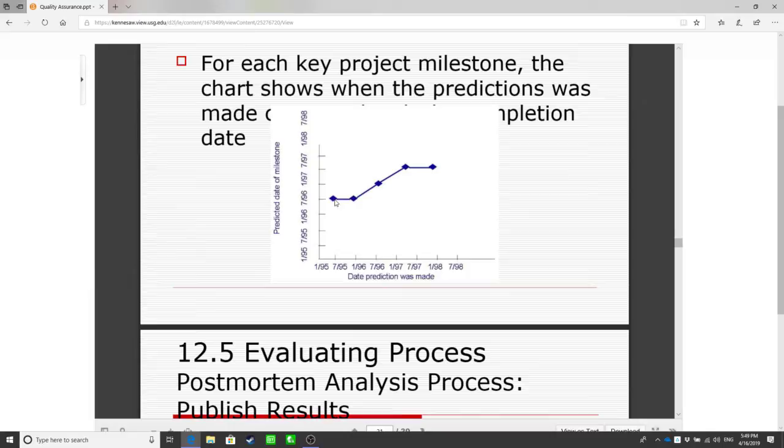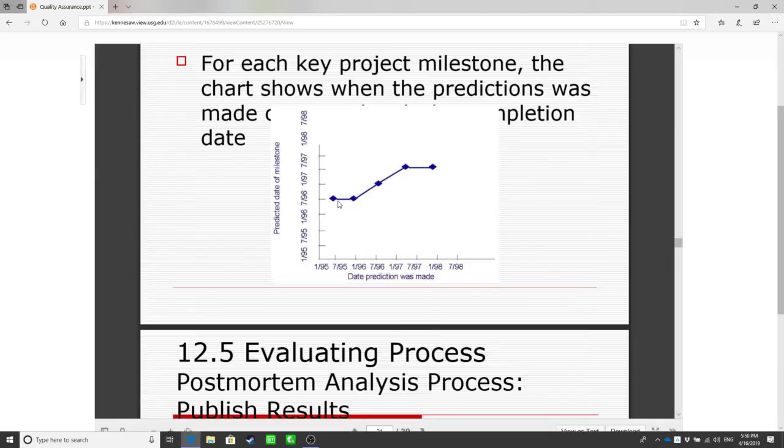So what happened in between? What can we infer from this line? No, actually it's the opposite.